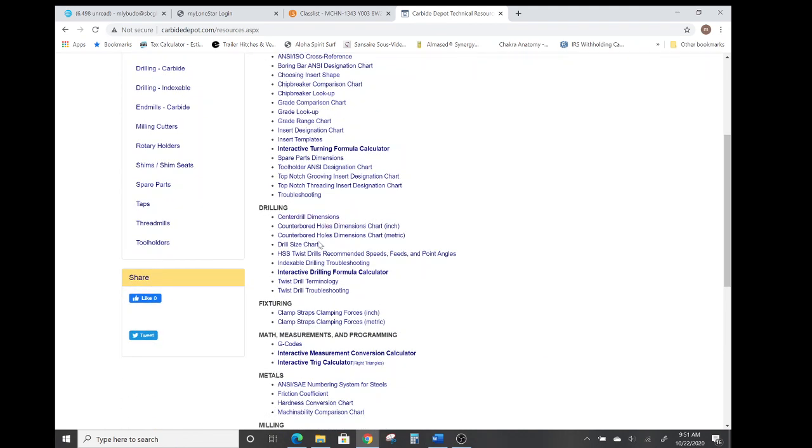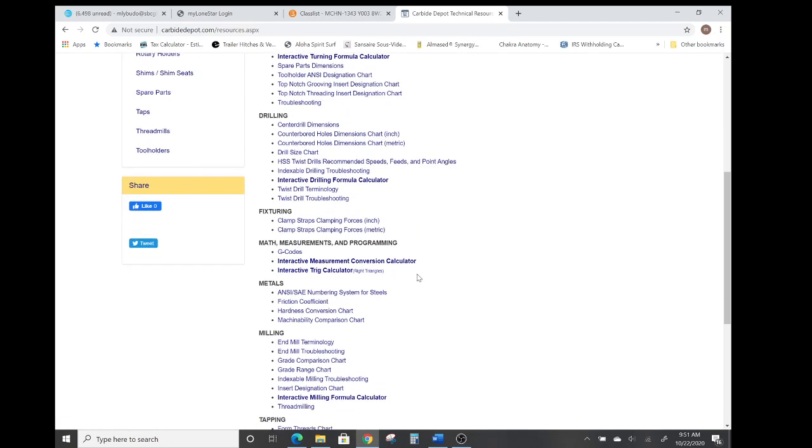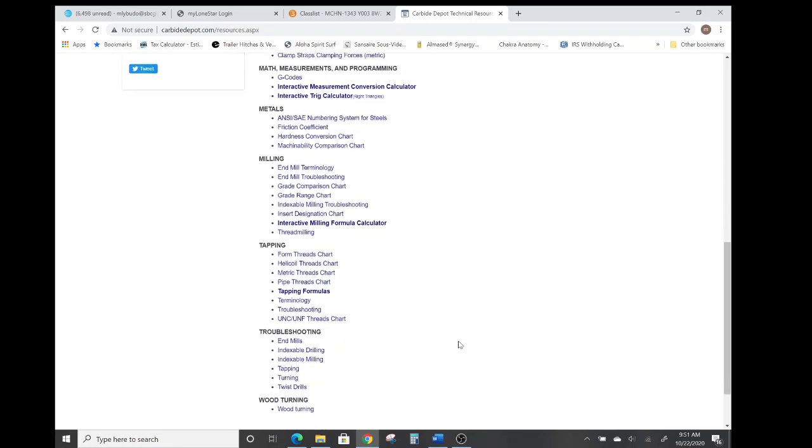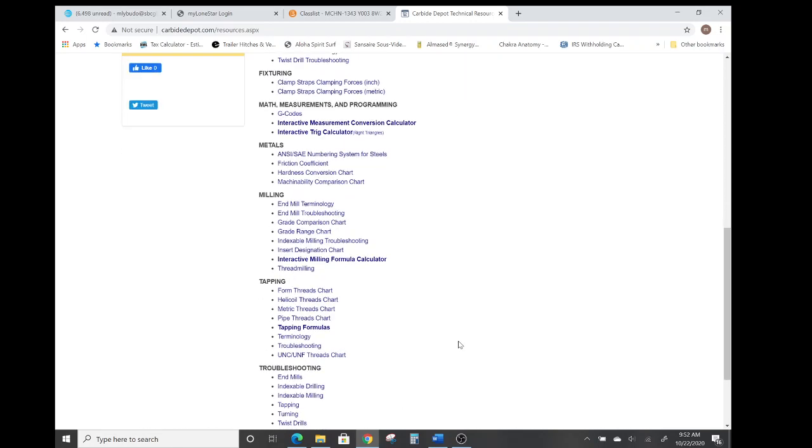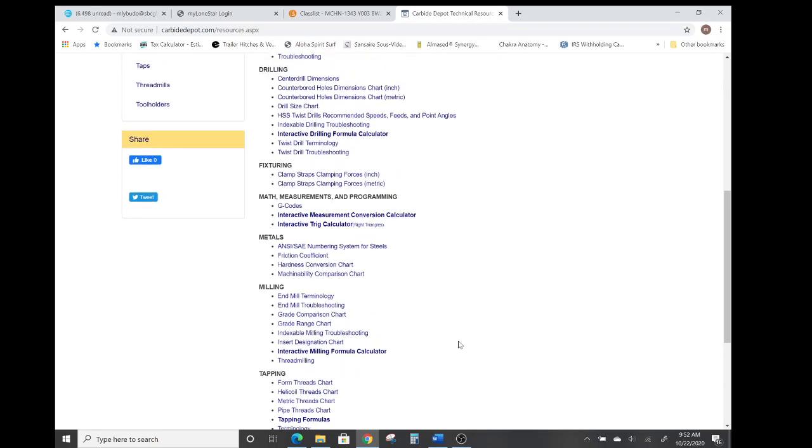There are calculators, drill size charts, an interactive drilling formula calculator, speeds and feeds for milling and tapping and turning, and all that kind of good stuff.